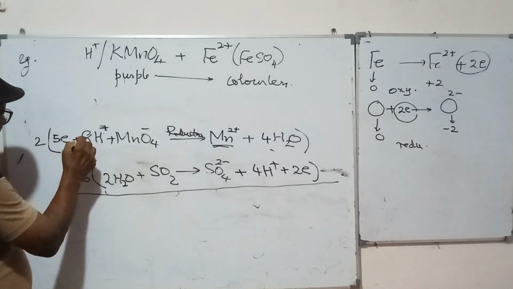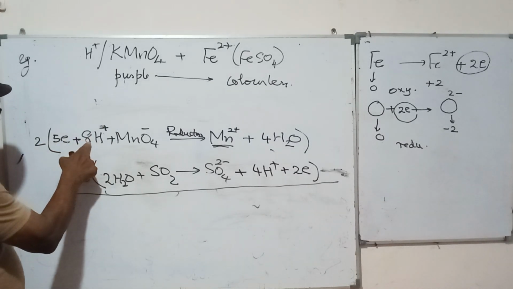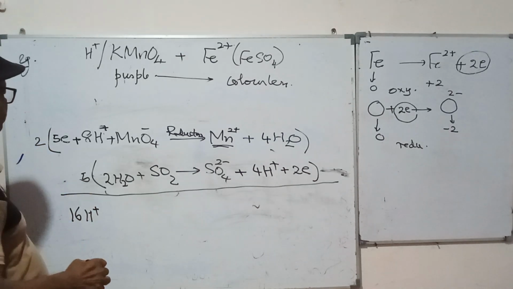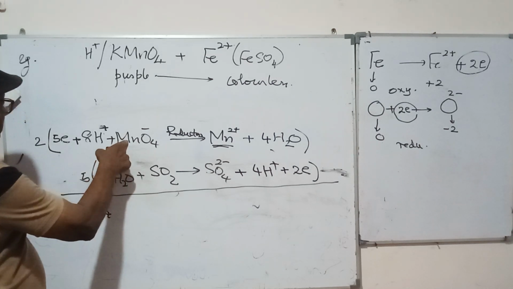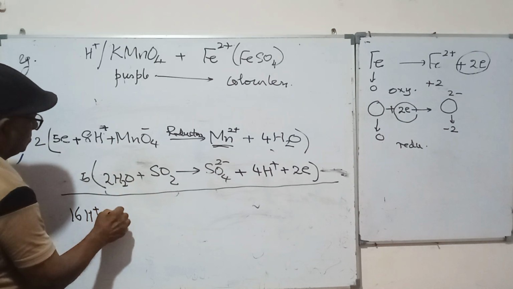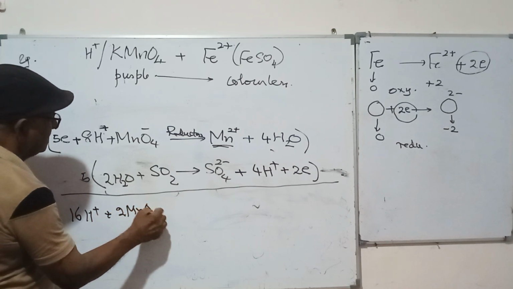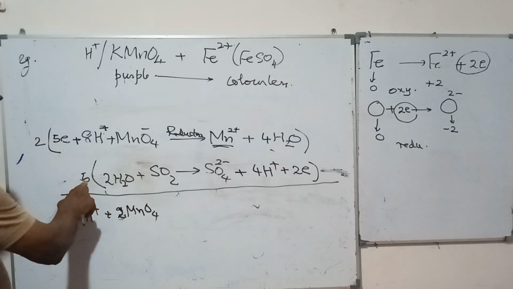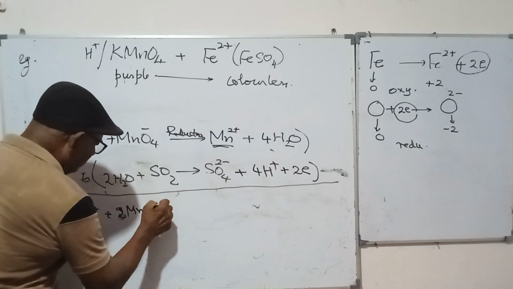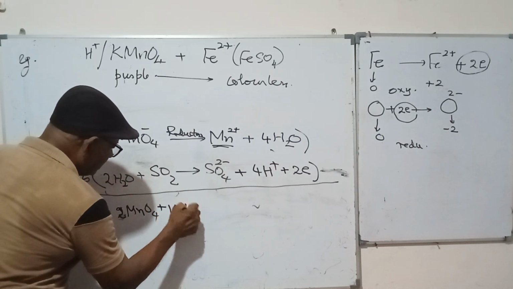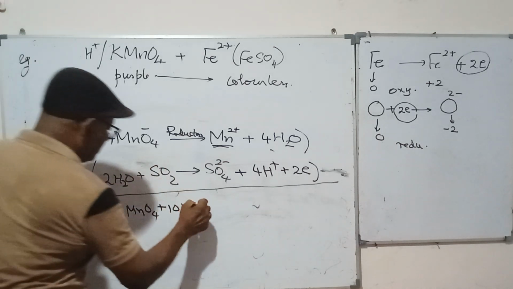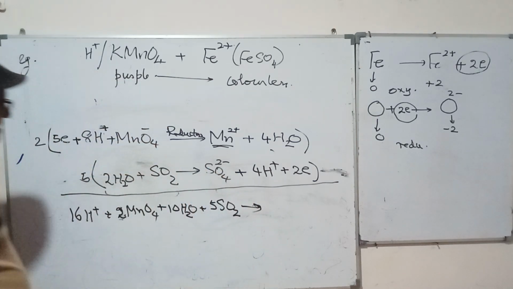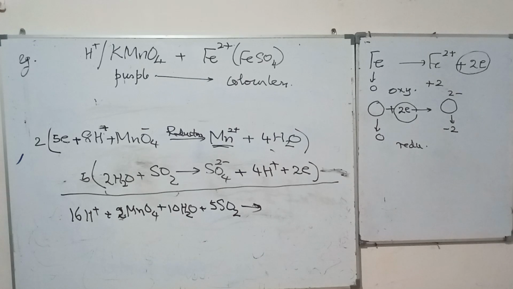See here, 8H plus means 8 into 2, 16H plus on this side. 2MnO4 minus. 5 into 2, 10 water. 5SO2. These are the reactant side.